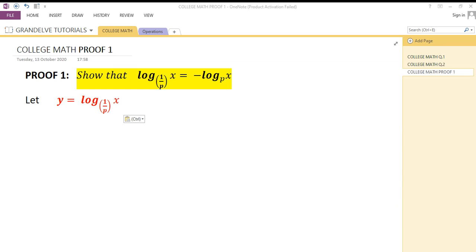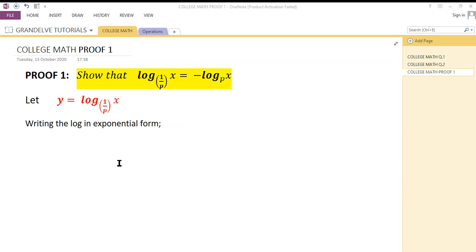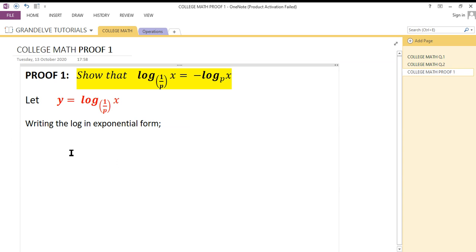Okay, in this form, it will be easier for us to convert this from logarithm to exponential form. So let's start by writing the log in exponential form. Doing this with our technique in logarithm and indices, we believe it will be okay for us to write x to be equal to base 1 over p exponent y.